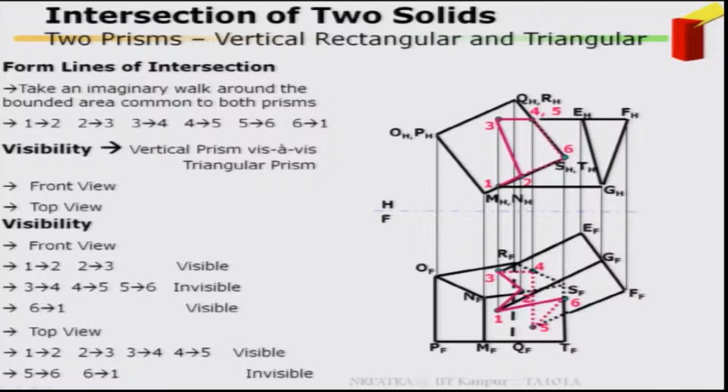Here in the front view, 3, 2, 1, 6 is in the front, that is why it is visible. 3, 4, 5, 6 is at the back, so it is not visible. Try it, do it yourself. This is a questionnaire I am giving you. I will explain more in the next class. Thank you.